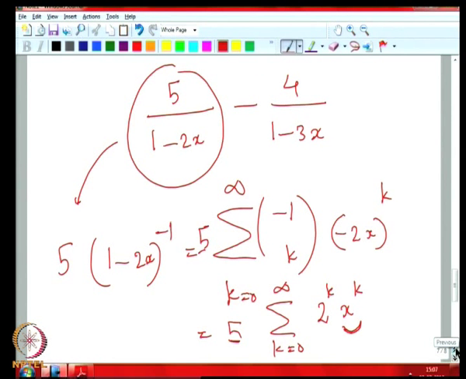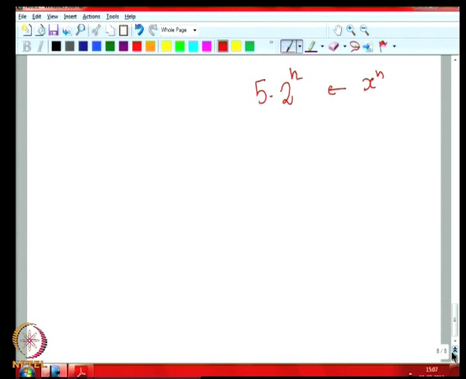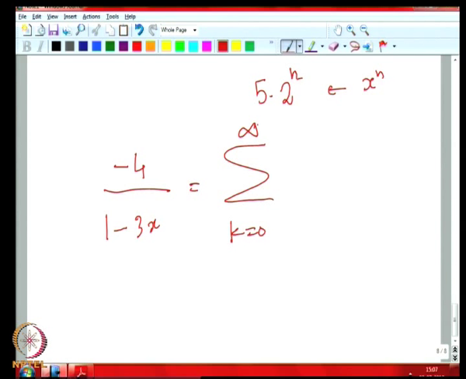Now, the other term, minus 4 by 1 minus 3x, will be similar: sigma k equal to 0 to infinity, minus 4 and 3 to the power k into x to the power k.